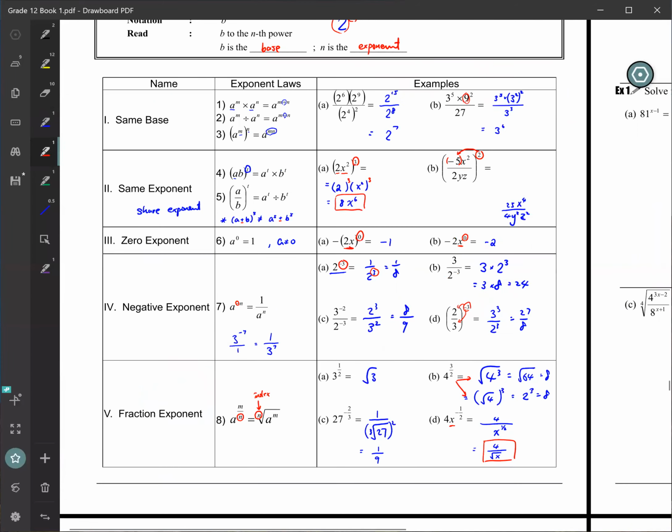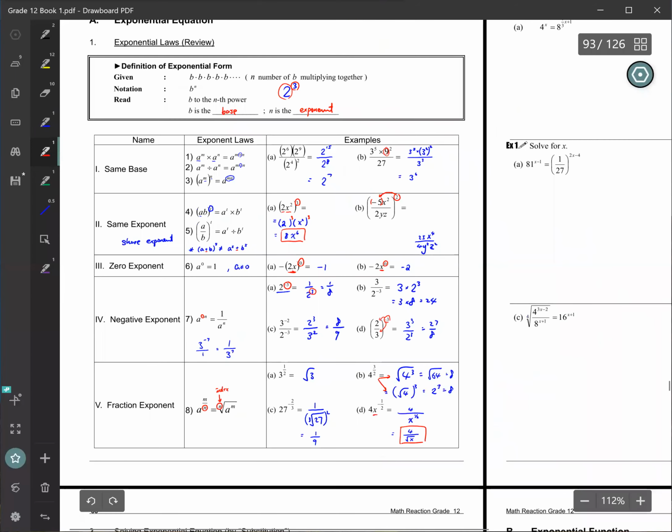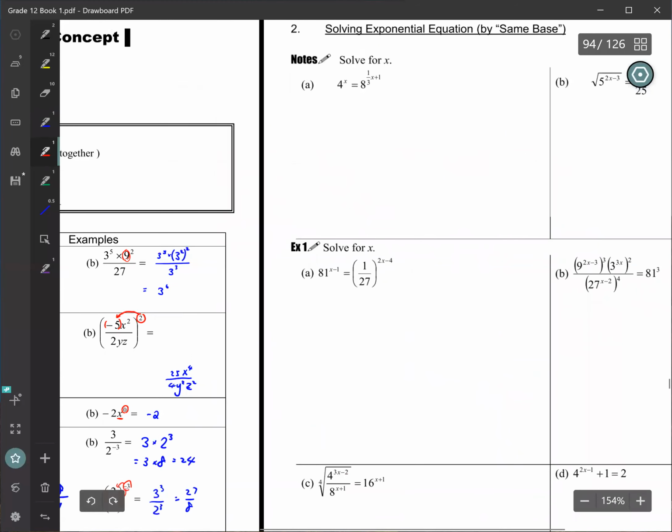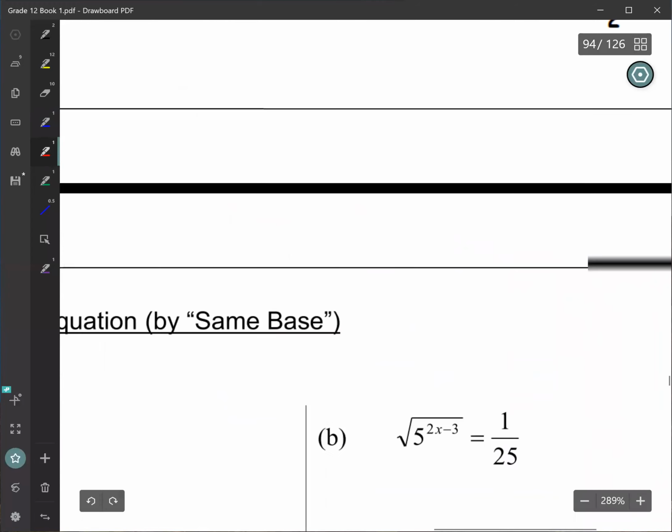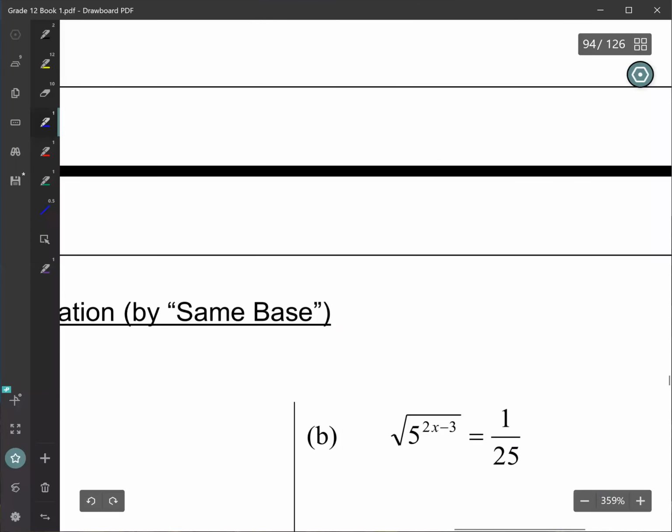So we're going to apply these rules and then solve something called exponential equations. Before we begin, let me give you some simple questions first.